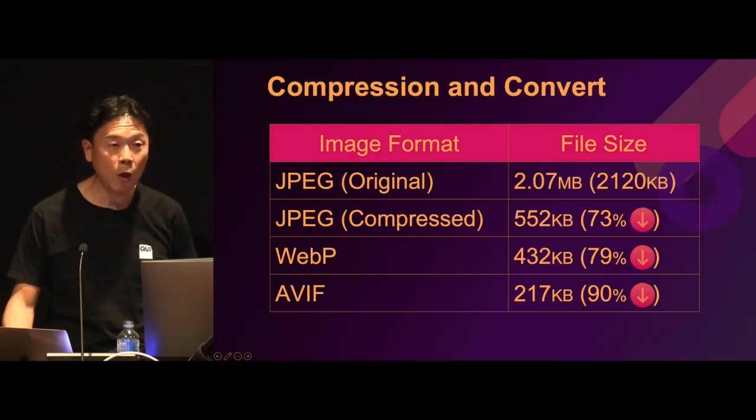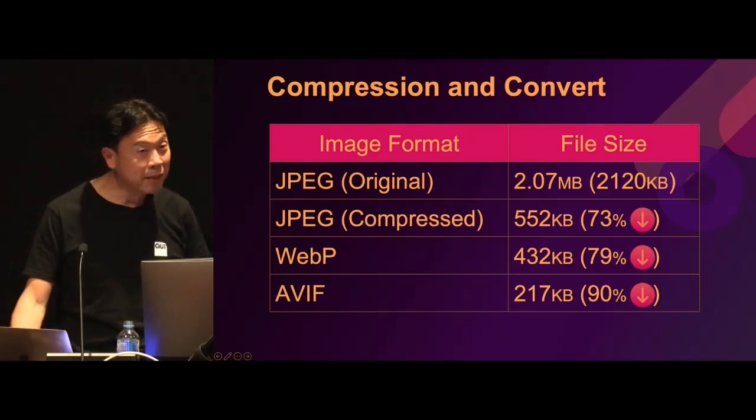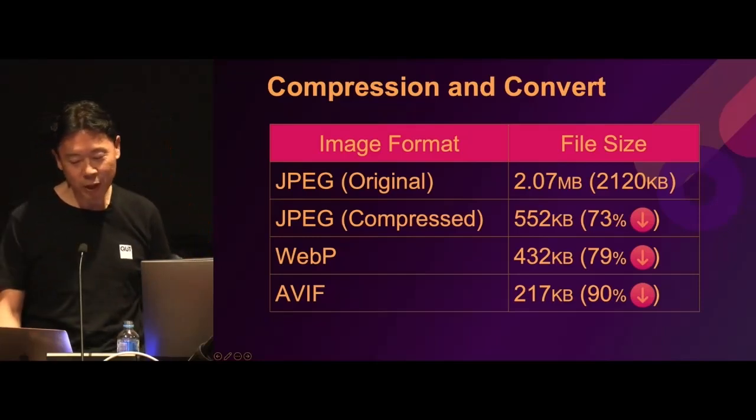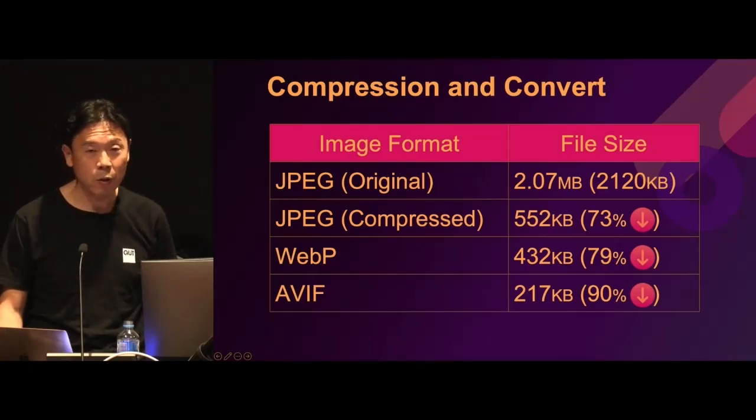And the best part is that WebP preserves image quality really well. But the real star of the show is AVIF. When I converted the photo to AVIF, it shrunk down to a tiny 217 kilobytes, a massive 90% reduction. That's incredible.